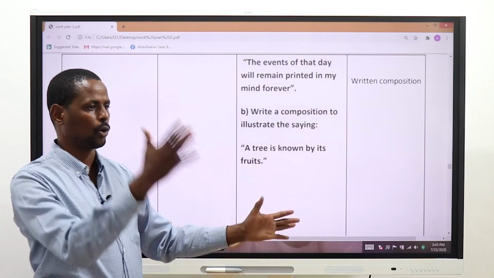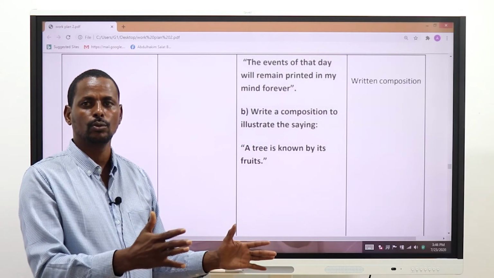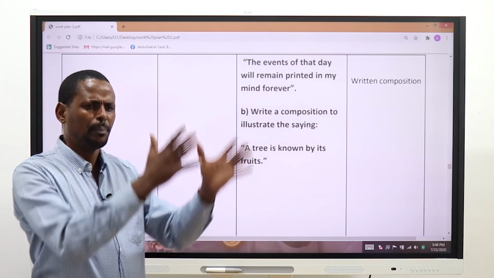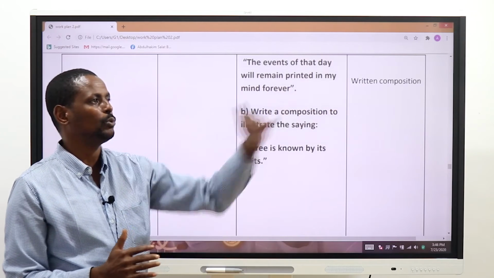Has he created dialogue, conversation between two? All these criteria. Was it well punctuated? Has he paragraphed it well?